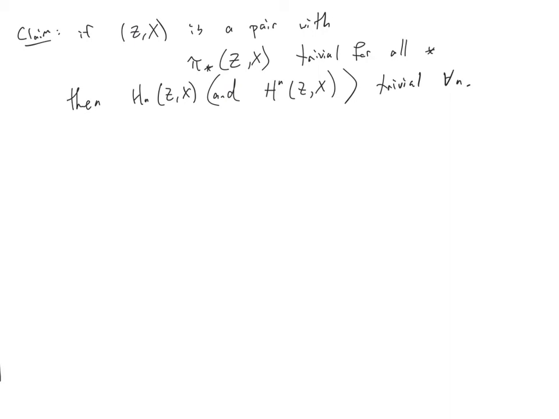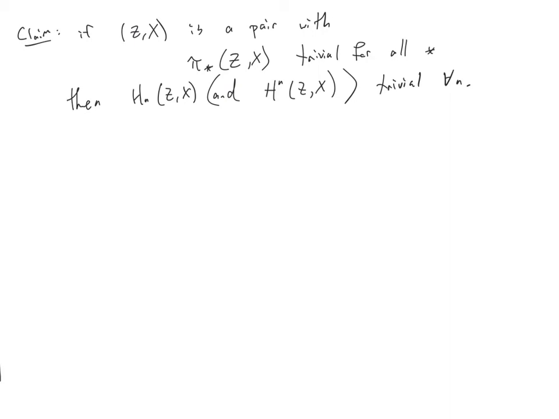I want to point out, just because this pair has trivial homotopy groups in all degrees does not mean it is contractible. We've only proved that for spaces which have the homotopy type of a CW complex, and X and Z both don't have to have the homotopy type of a CW complex. We just have a nice inclusion from X to Z, which makes it a pair.